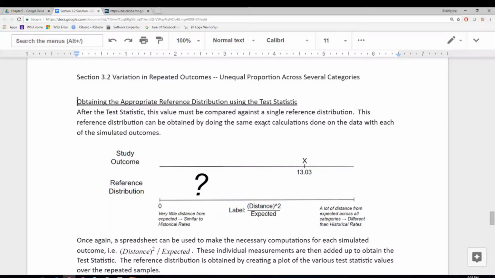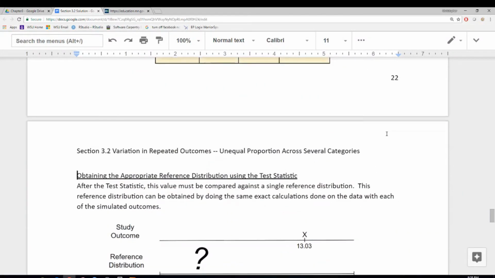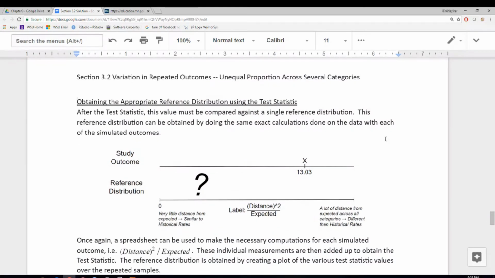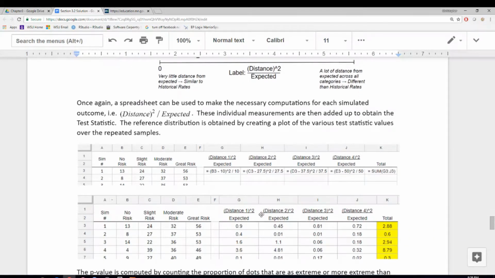All right, let's get back to finishing up these notes. We need to obtain the appropriate reference distribution for this quantity 13.03. I would do that in the same process that we did before. I just need to use the same exact calculations that I use on my data on those outcomes that I obtained from pulling out of the hat.